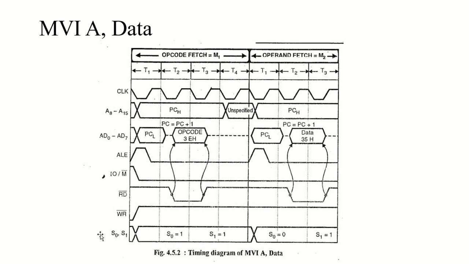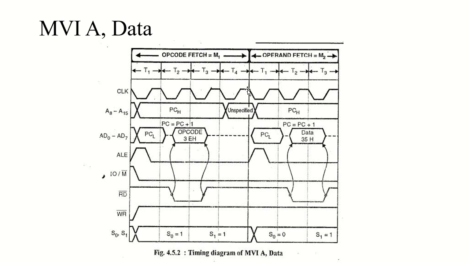But for the next cycle, if we count in continuation from the fifth T state, then it would be the fifth T state. If we end four T states of opcode fetch and then start the operand fetch, then it would be T1 state. So I'm counting in continuation even though they have written T1 here. So in the T5 state, the operand fetch cycle will be executed.